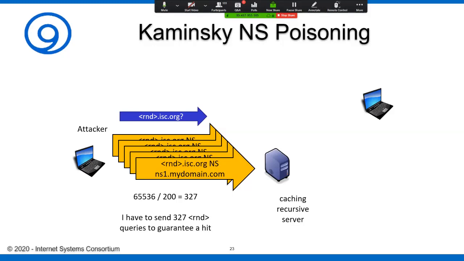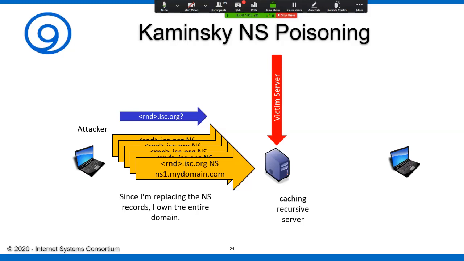Once the NS records are in place on the caching recursive server, there's nothing that the authoritative server can do to get them out of there. So this was a very interesting attack. It was a very toxic attack. It was a very clever attack, and it worked very well.